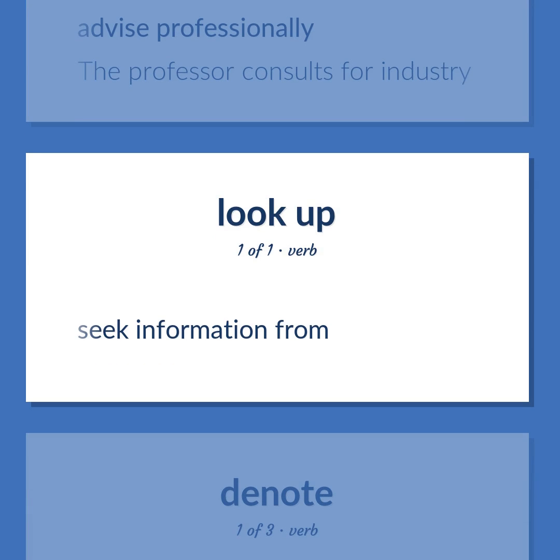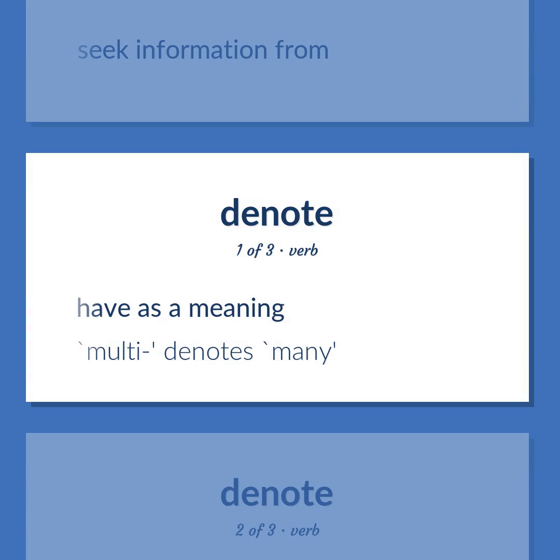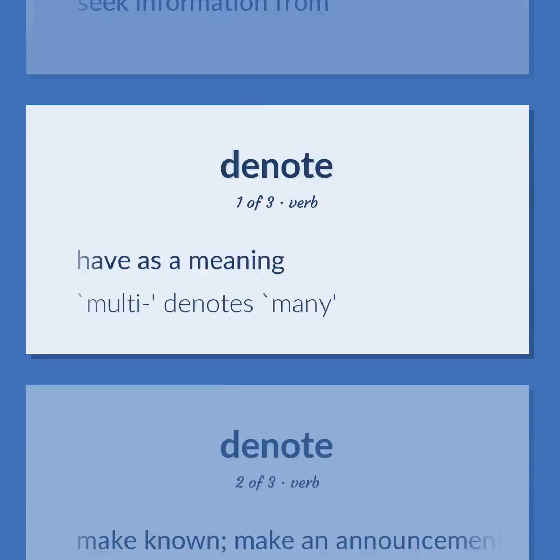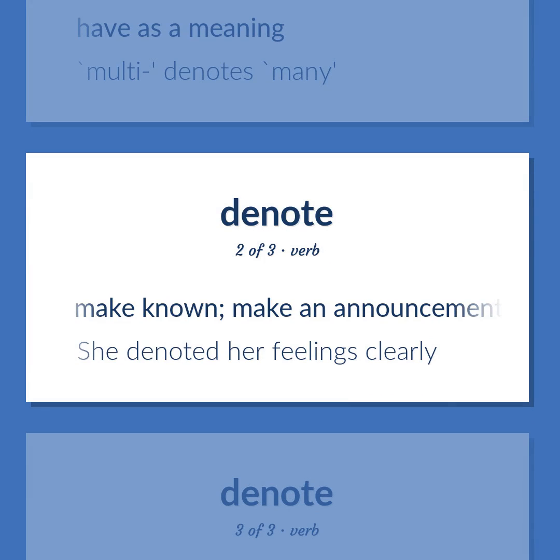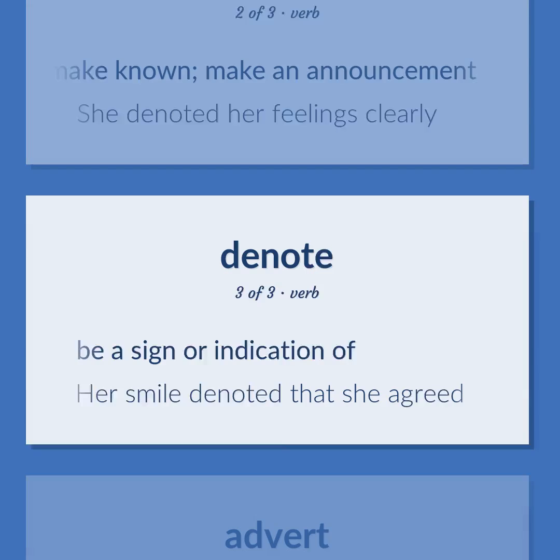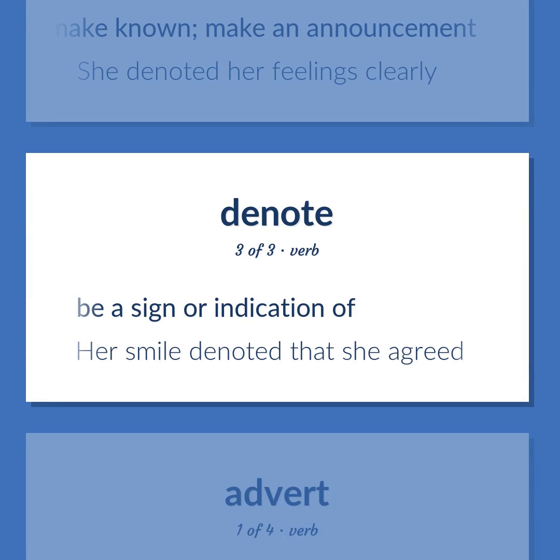Seek information from. Have as a meaning. Multi denotes many. Make known. Make an announcement. She denoted her feelings clearly. Be a sign or indication of. Her smile denoted that she agreed.